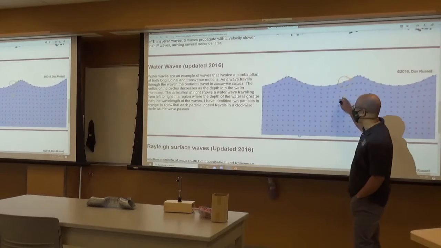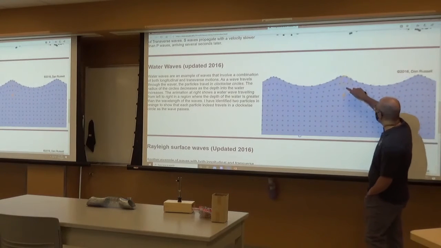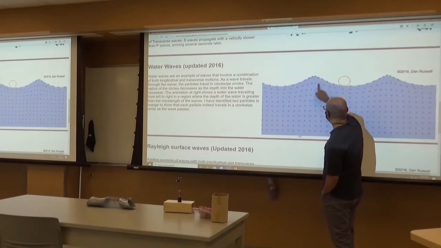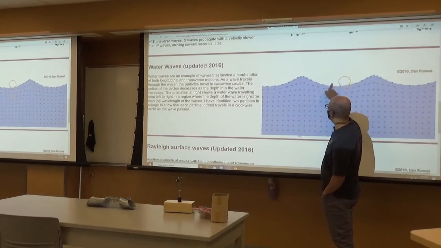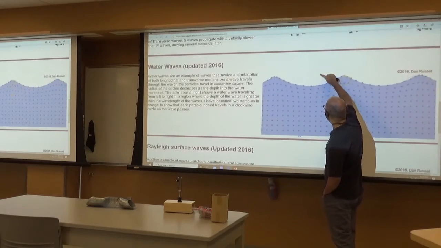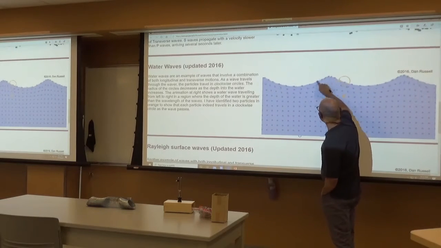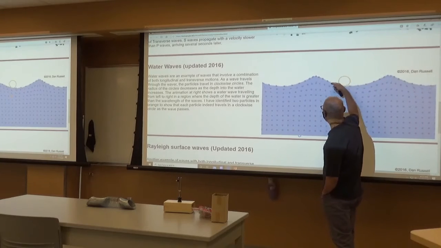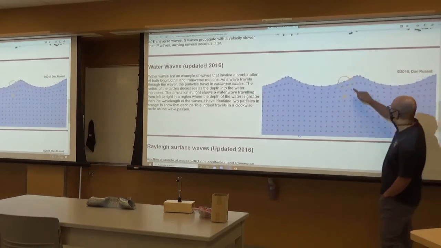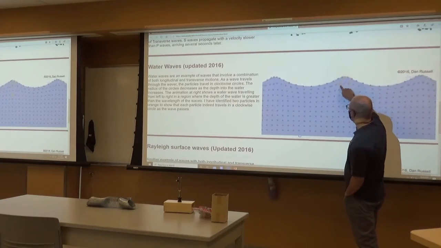So this is the water wave. You see here, the molecules are moving up and down as well as back and forth like this. It's going down, going up, down, and it's also moving back and forth. Forward and backward. So the combination is, it moves in a circular path.